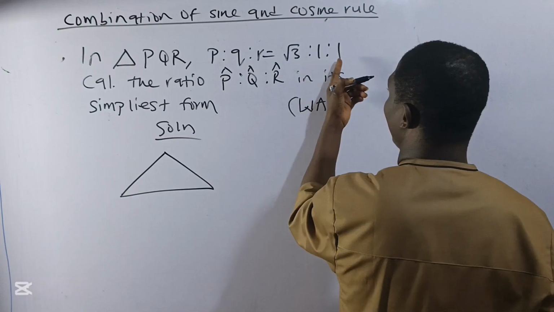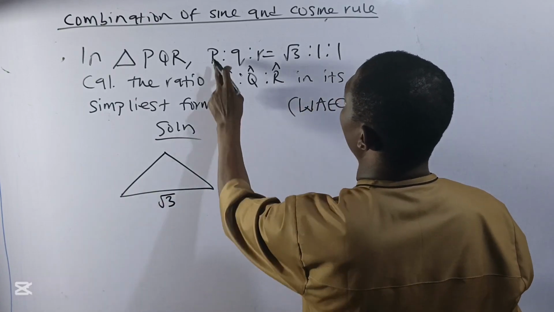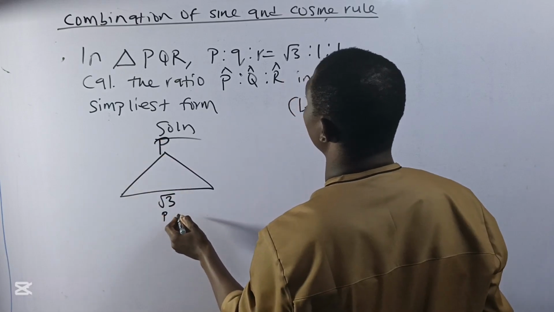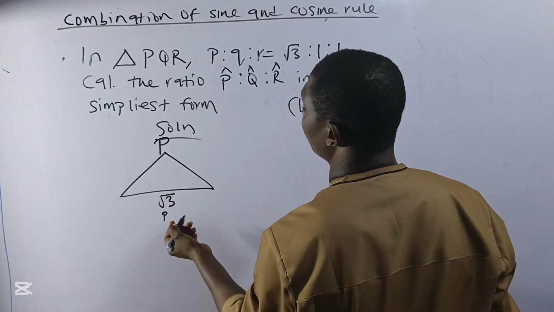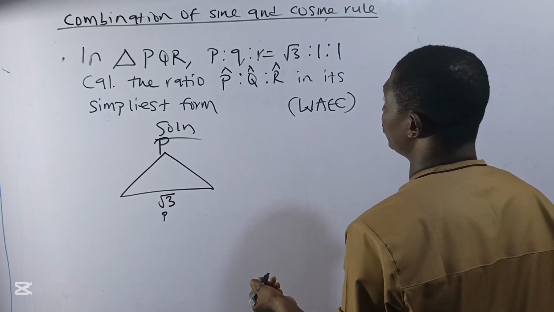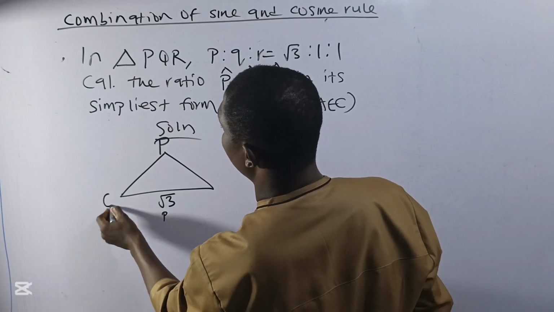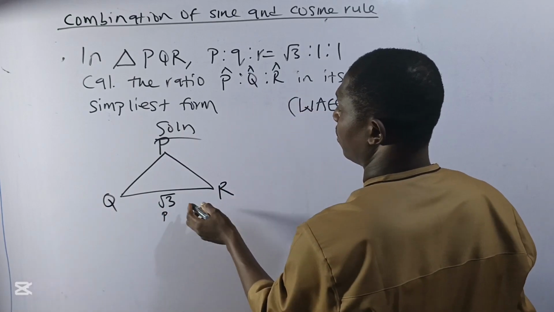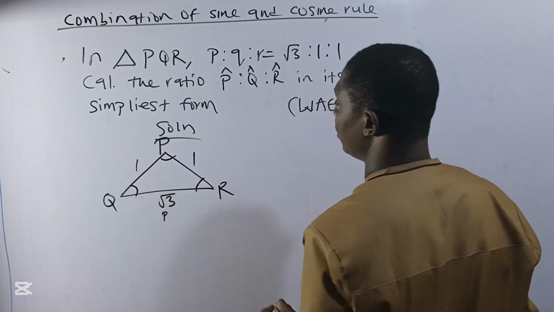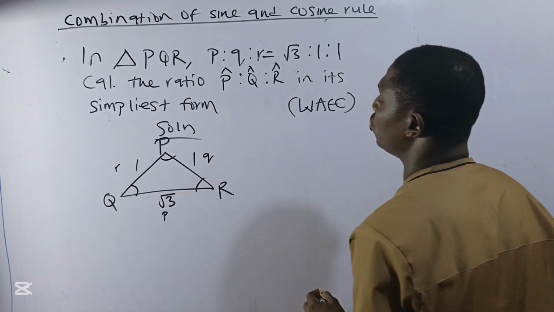Root 3 is greater than 1 and 1, so I'll put my root 3 here, and it happens to be P, so this will be angle P. These two other sides are equal, so it's an isosceles triangle. This is 1, this is 1, this small letter R, and this small letter Q.